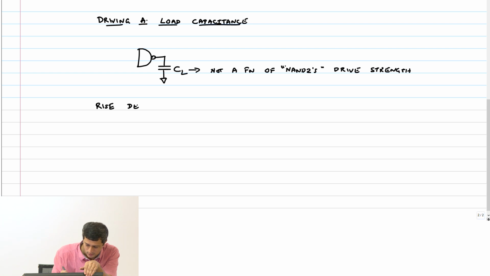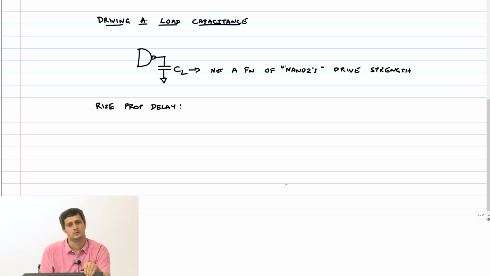So let us go ahead and look at again the rise propagation delay. So what is the equivalent circuit? I have R, from the PMOS of the NAND. Then I have its parasitic capacitance.